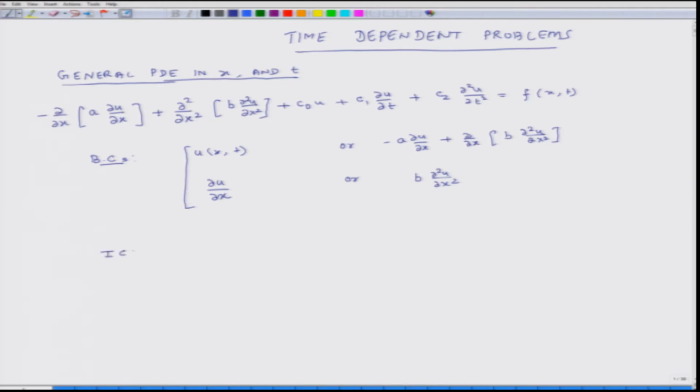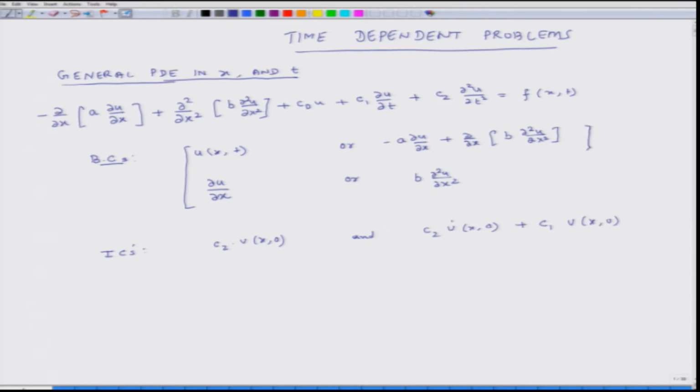And then we have another set of conditions known as initial conditions. So, the initial conditions are c 2 times u of x, 0 is known, and c 2 u dot at x and time t equal to 0 plus c 1 u at x, 0 is known.